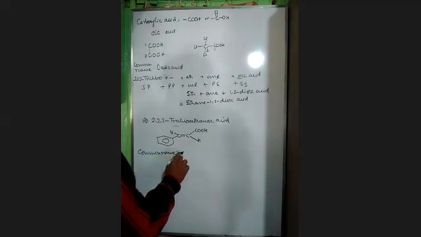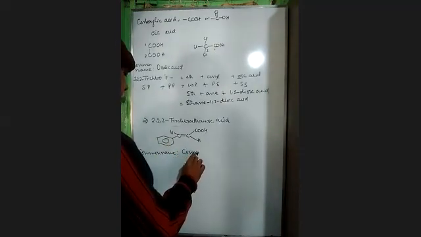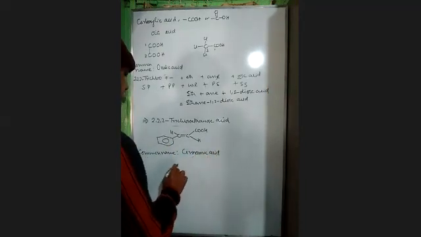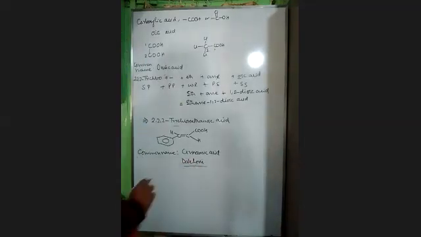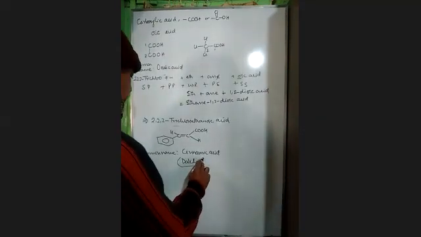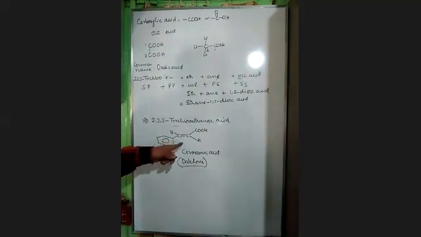This is a part of your food also. Cinnamic acid. You get it in this spice, garam masala, in dalchini. I don't know the English name of dalchini. Write down the IUPAC name.